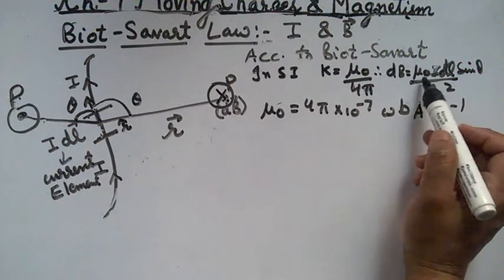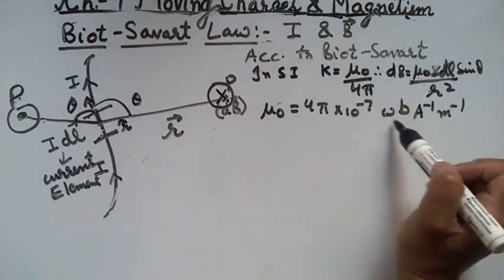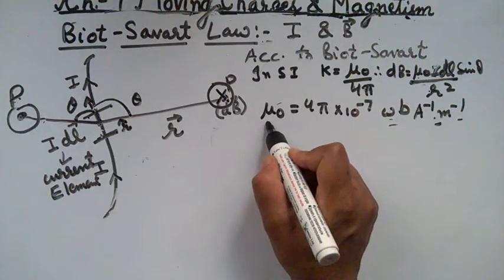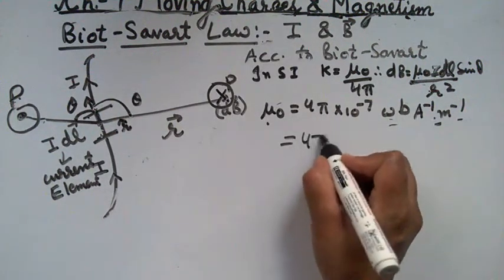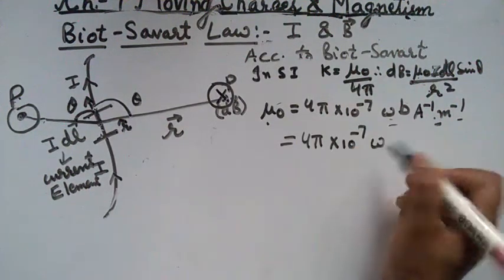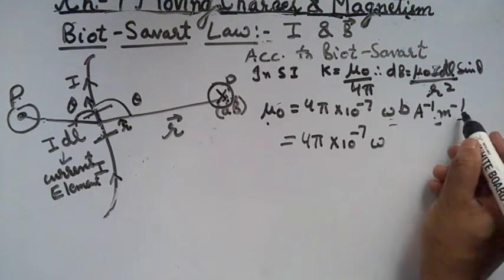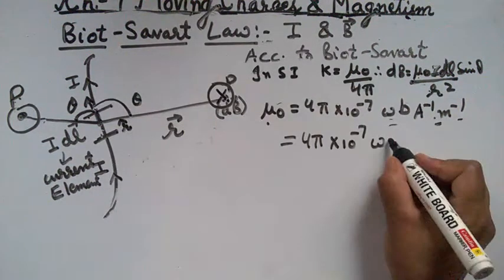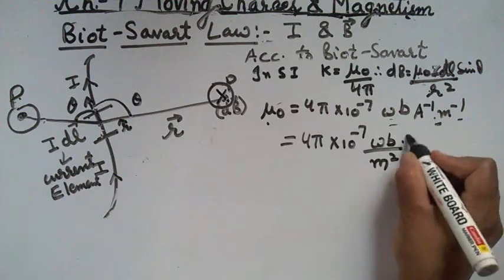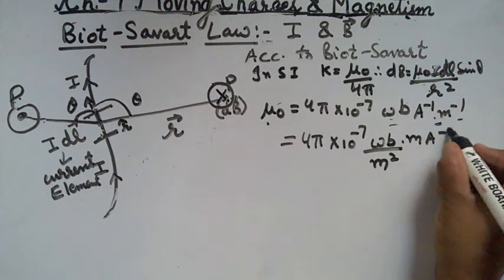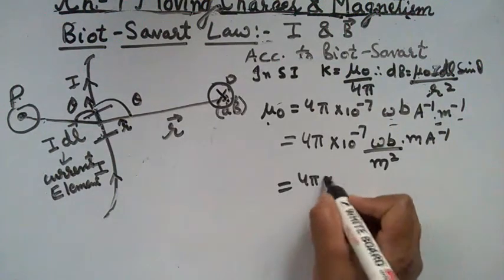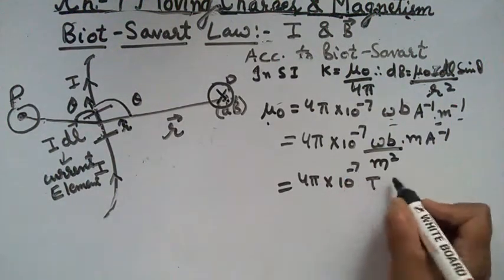By this we can find the unit of permeability of free space, and it can also be written as 4 pi into 10 raised to the power minus 7 Weber upon meter square is 1 Tesla. So we will multiply and divide by meter here. So we'll get Weber upon meter square into meter per ampere. That is 4 pi into 10 raised to the power minus 7 Tesla meter per ampere.